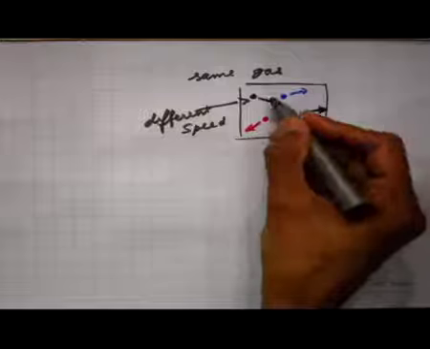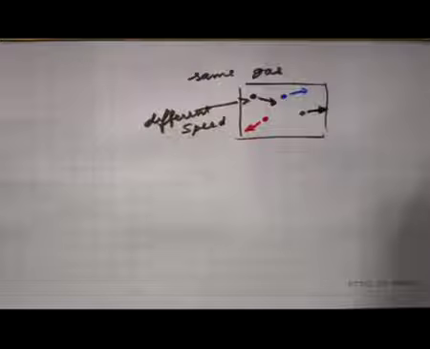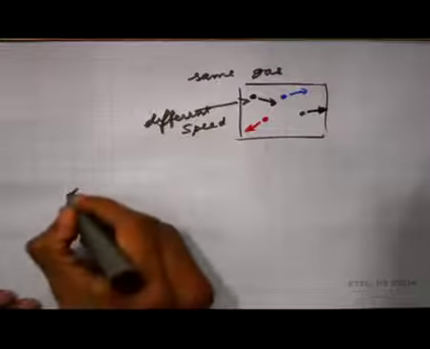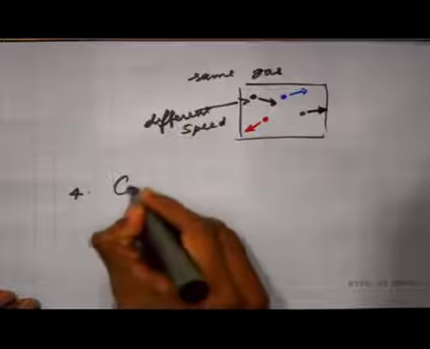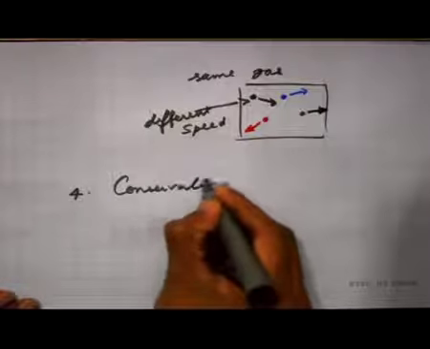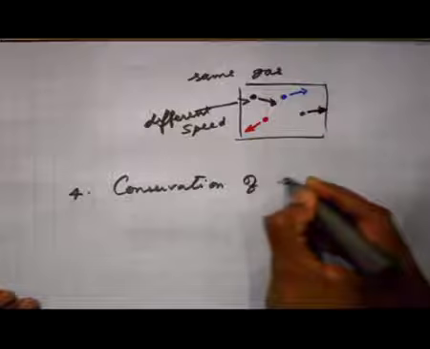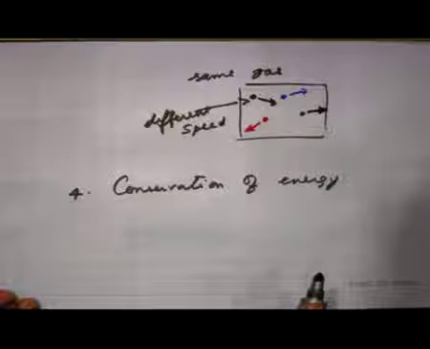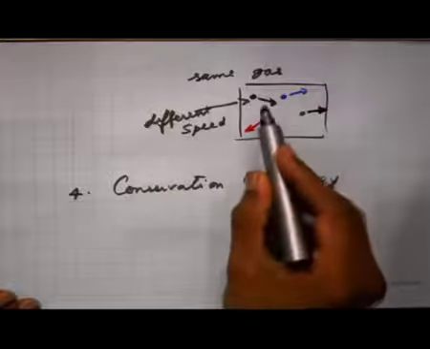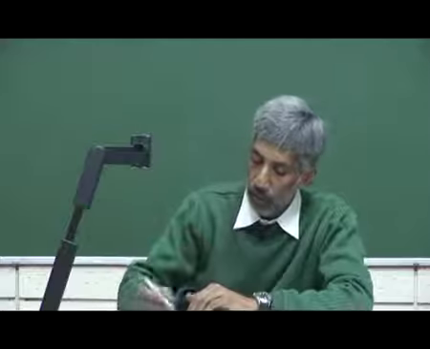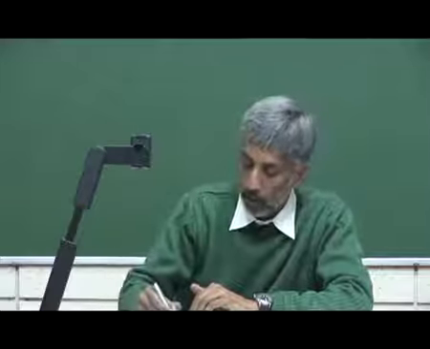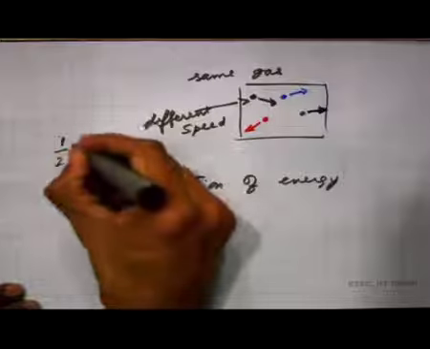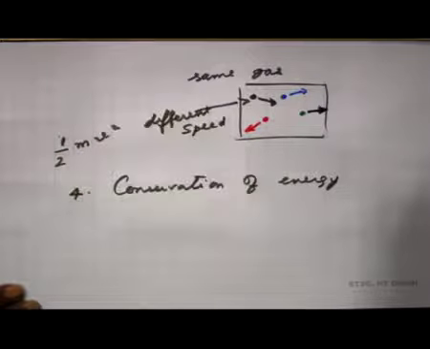It happens because when it undergoes a collision, and this is part of the fourth thing, which says that there is conservation of energy. So, what this means is that when 2 molecules collide, imagine that we know that the kinetic energy of a particle with mass m is given by half m v square.